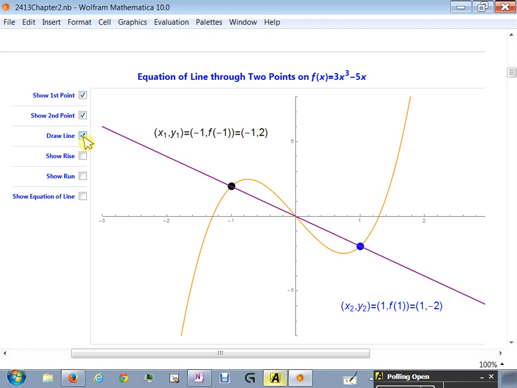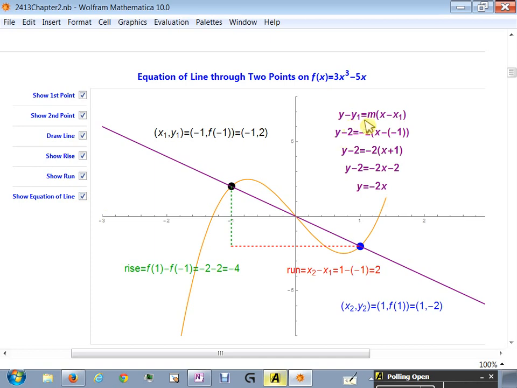I'm trying to find the equation of that line. So I compute my rise. I compute my run. So what would the slope of this line be? -2, right? I'm going to take my rise, -4, divided by my run, 2. I should get -2.